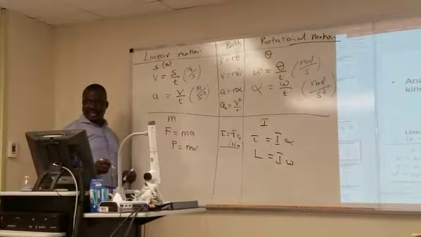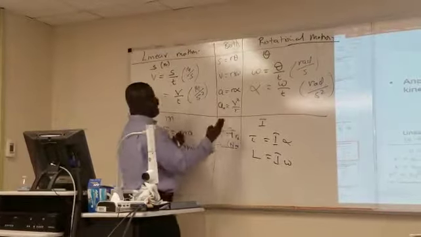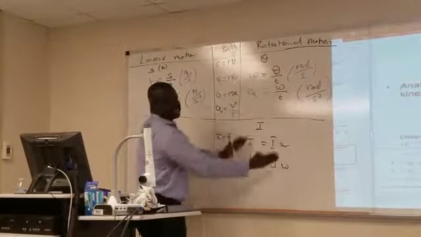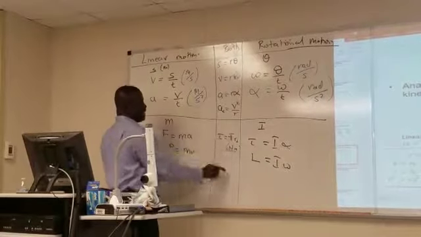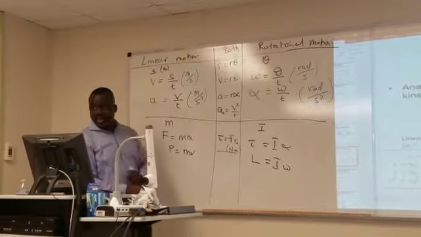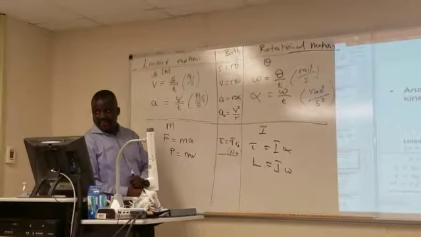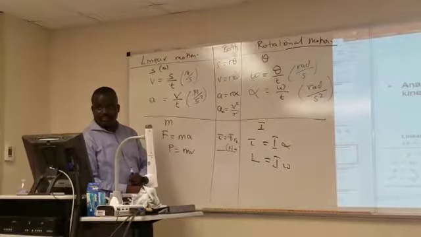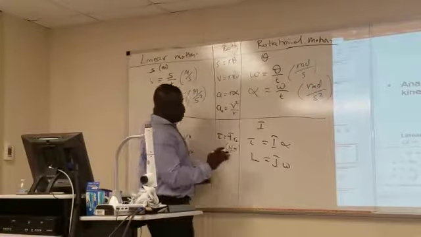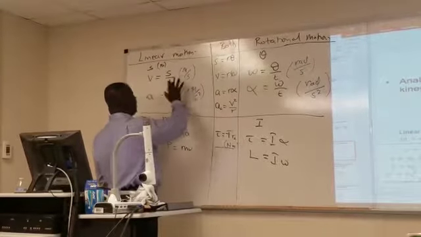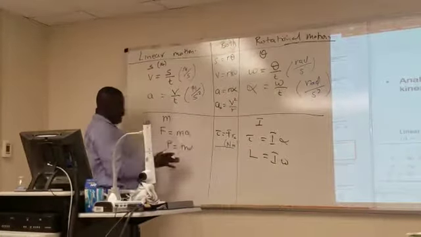Do you understand? So if you are able to link the linear with the rotational, you will find out there is a similarity or something common among them. Is that clear? Are we good? So take note. As we go through the PowerPoint, you will see very well why this one is that way.